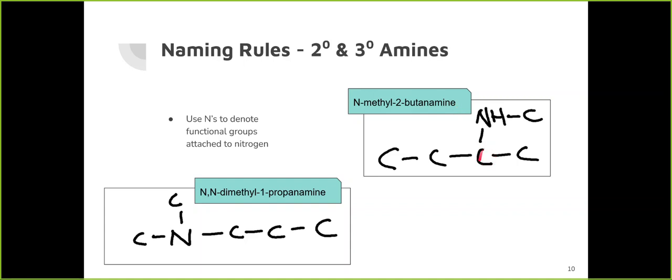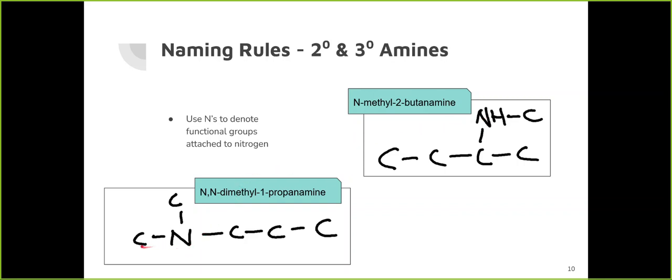It's on the second carbon, so that's 2-butanamine. And then we have a methyl group out here, making this a secondary amine. So this gets named capital N-methyl-2-butanamine. And this tells you that this methyl group is attached to this nitrogen here.